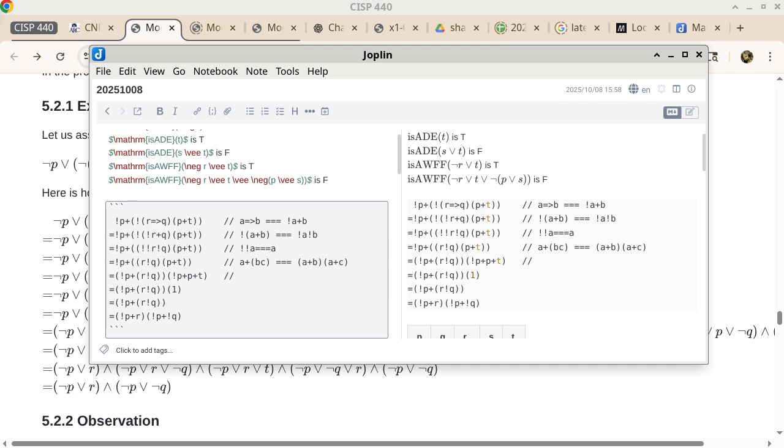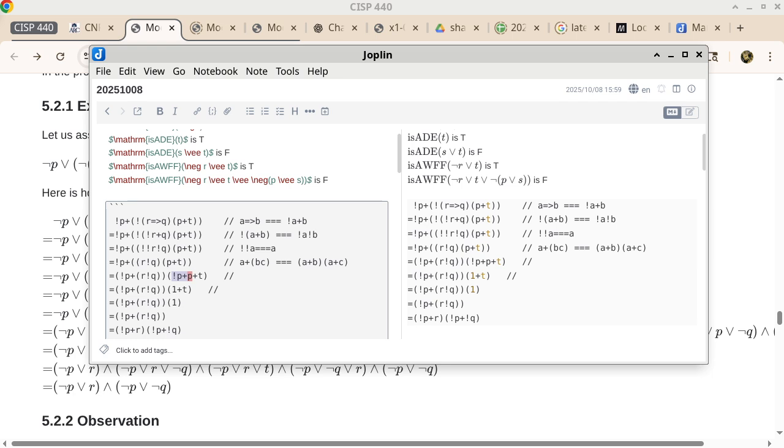There's one step in between that I did not list, which is just this one, because not P or P, this sub-expression here, is guaranteed to be true. Are you convinced? Because between P and not P, one of them has to be true, and the other one has to be false.